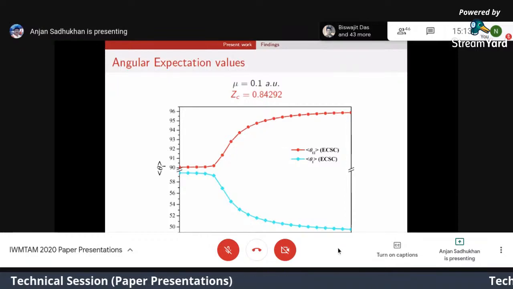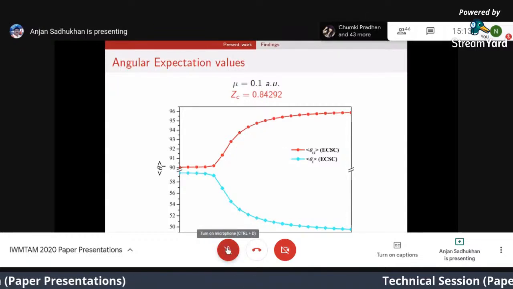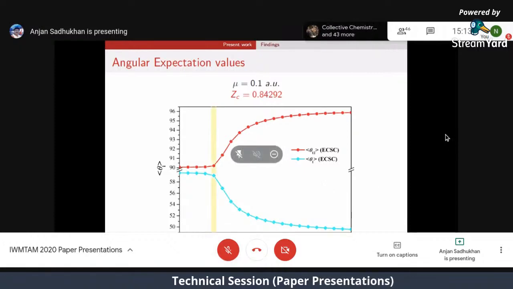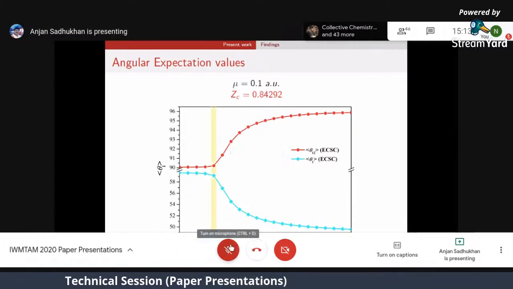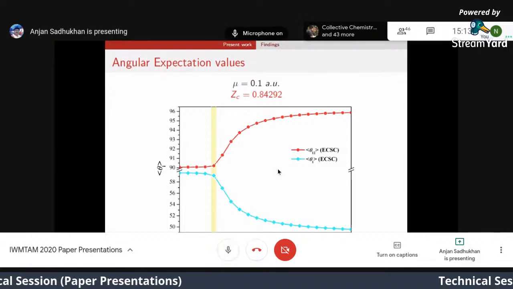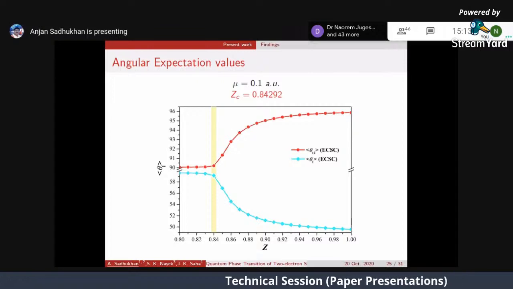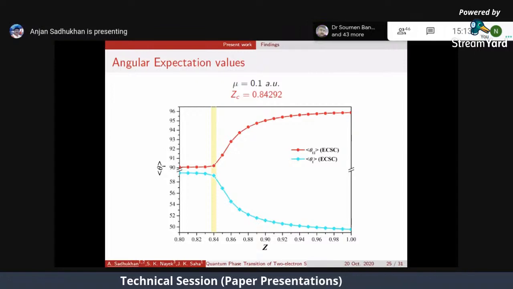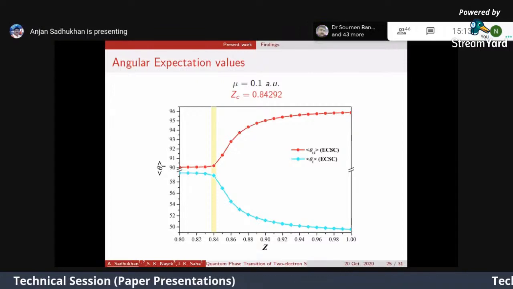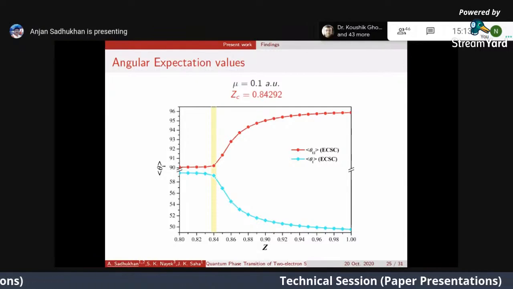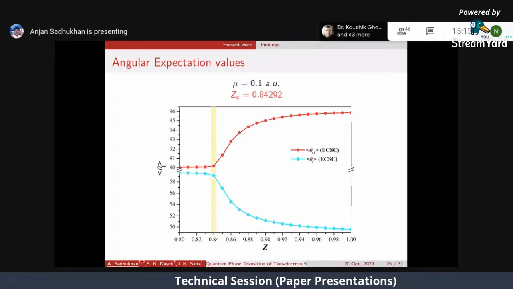Here also the expectation values of theta 1 and theta 12 change abruptly around the critical nuclear charge, which is the same as in the previous case. So from these two diagrams, it is clear that the structural parameter changes abruptly around the ZC value of the system, but what will be the fate of the electrons around the ZC is not clearly understood here.